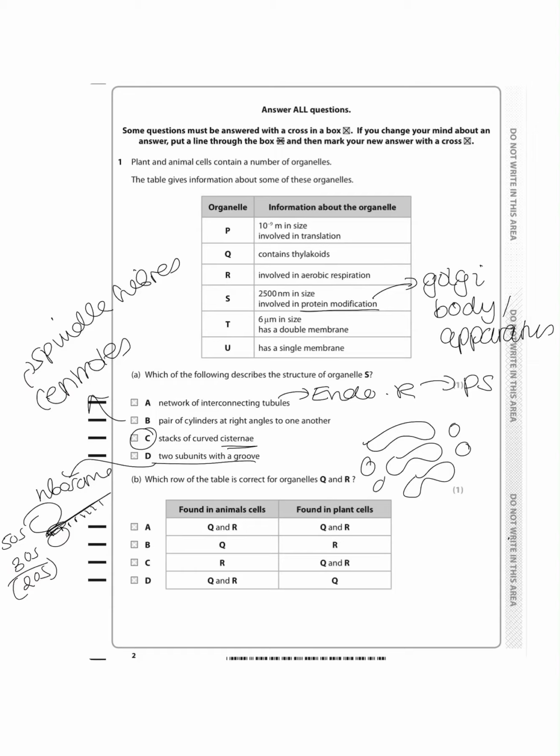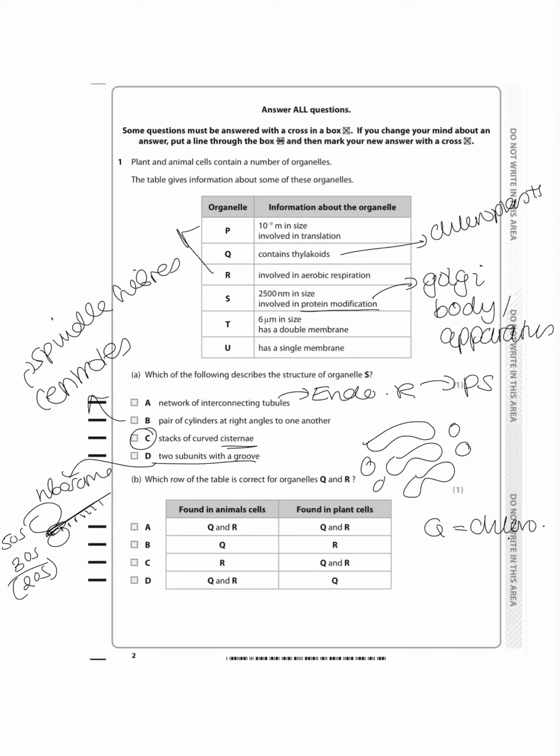So, part B. Which row of the table is correct for organelles Q and R? If we go back to the table, it says Q contains thylakoids. Thylakoids are only present in chloroplasts, and they are involved in the light-dependent part of photosynthesis. So, Q is chloroplast. And R is involved in aerobic respiration.